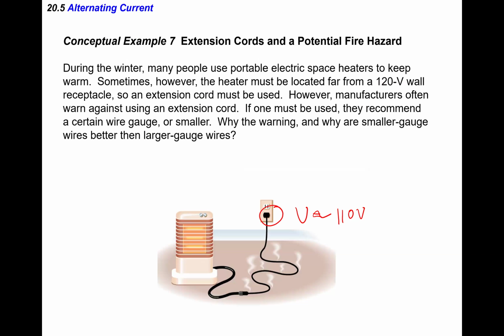Small area, R will be bigger, because we will have R equals rho times L over A. So small area, bigger resistance, and the power will be equal to V squared over R.